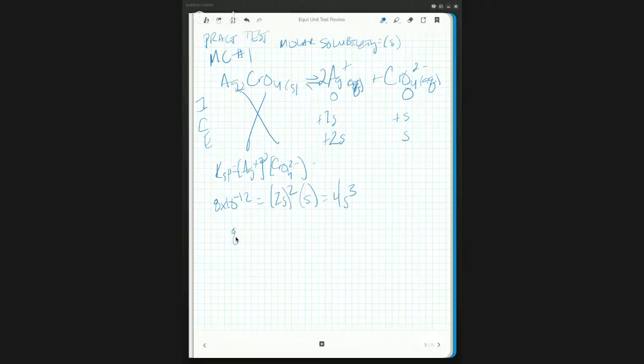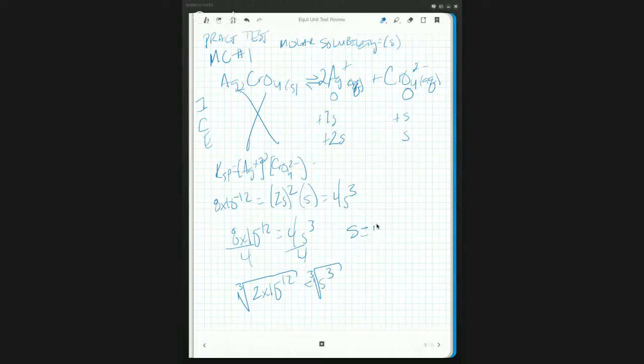So 8 times 10 to the negative 12 is equal to 4s cubed. Divide both sides by 4. You're left with 2 times 10 to the negative 12 is equal to s cubed. So we're going to cube root both sides, and I'm looking at the options.